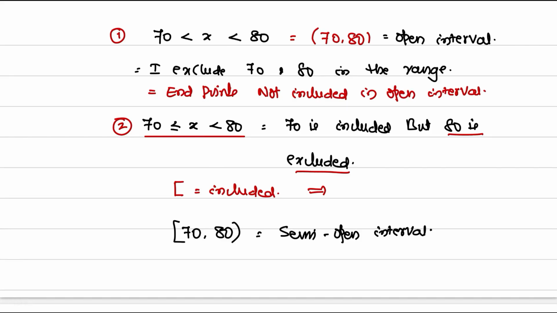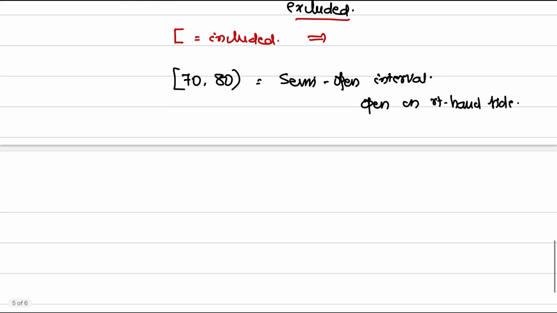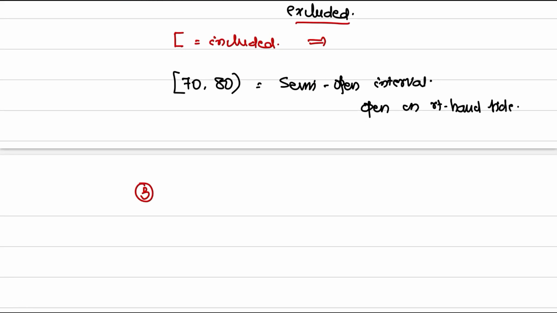This is a semi-open interval, and in semi-open, where is it open? Right hand side open. Open on the right hand side. For example, the third case. I want to exclude 70 but include 80. This is also semi-open because on one side it is open and on the other side it is closed.